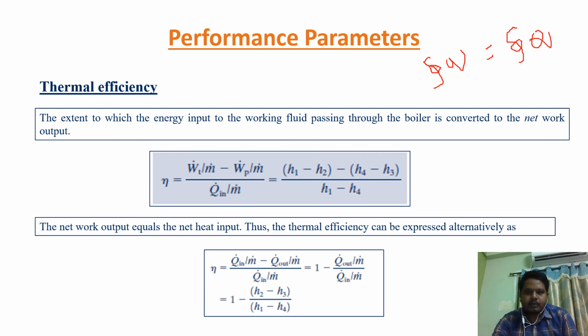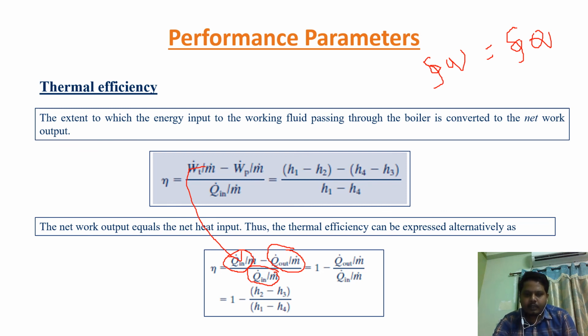So net work done equals net heat addition minus heat rejection. Now we can write this equation as heat addition in the boiler per unit mass minus heat rejection in the condenser per unit mass, divided by heat addition in the boiler per unit mass. If we simplify this equation, we can write it as 1 minus heat rejection in the condenser per unit mass divided by heat addition in the boiler per unit mass.